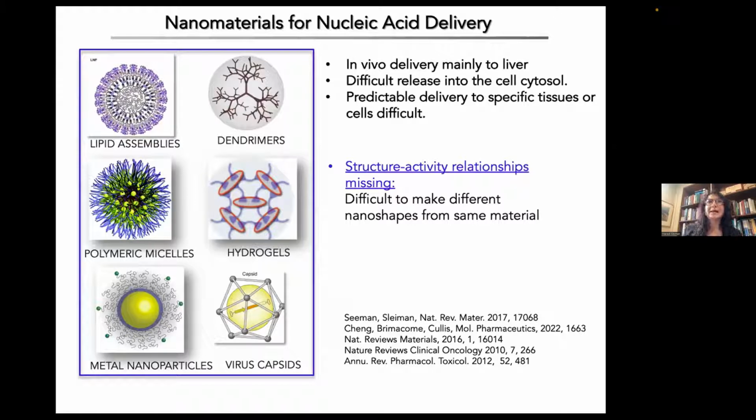We might actually develop what we call structure-activity relationships. That is, take the same material and make a very large library of different sizes and different shapes, and basically correlate each size, each shape with where it's delivering, what cells it's targeting, and whether it is, for example, gene silencing in those cells, or doing any other therapy in those cells.